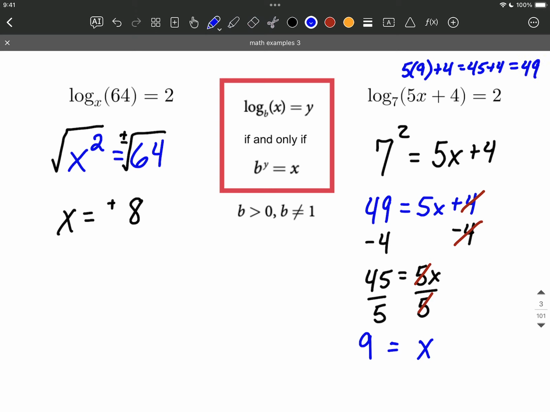What we're double checking for is that everything on the inside of this log, when you replace the x with whatever value we found for x, has to be positive. If that had worked out to be a negative value inside the log, that doesn't work with the domain of logarithmic functions, and that would be a problem. We'd have to throw out that solution and say no solutions on this one. But it does work, so that is our solution. Hope this helps out. Good luck with solving logarithmic equations.